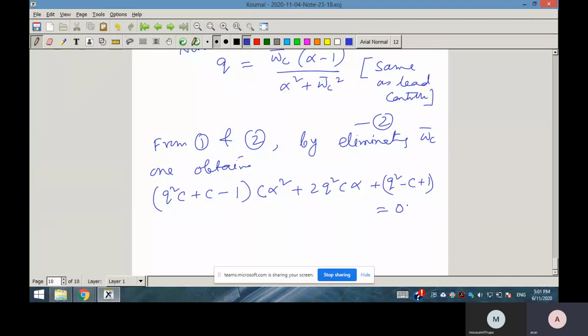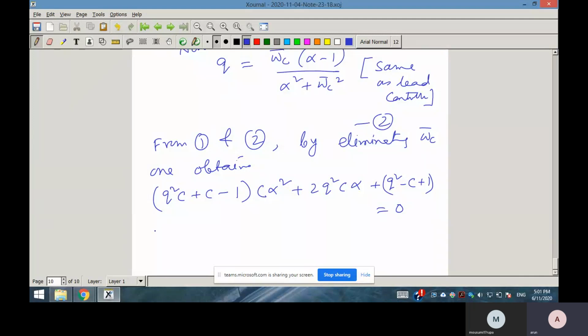So now what do you have to do? Now we have to see what the condition is for existence of a solution. So here also, what is alpha? Alpha is greater than 1. So a positive solution.